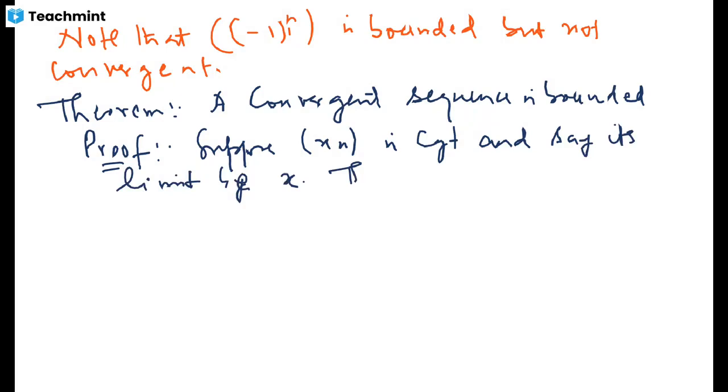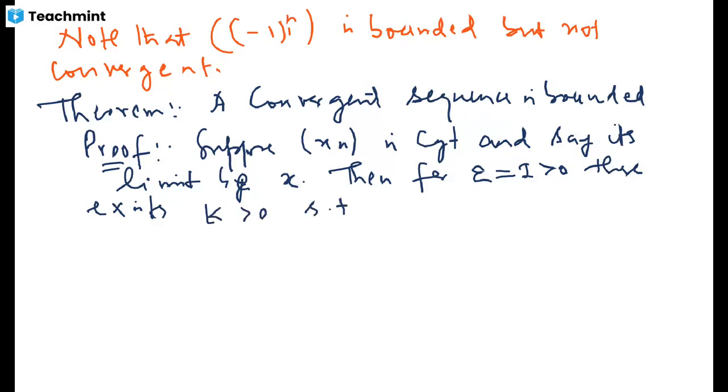What it means then is, for every choice of epsilon, and in particular I will take epsilon to be 1, there exists some number k greater than 0 such that modulus of xn minus x is less than epsilon for every n greater than or equal to this number k, and epsilon I'm taking here as 1.